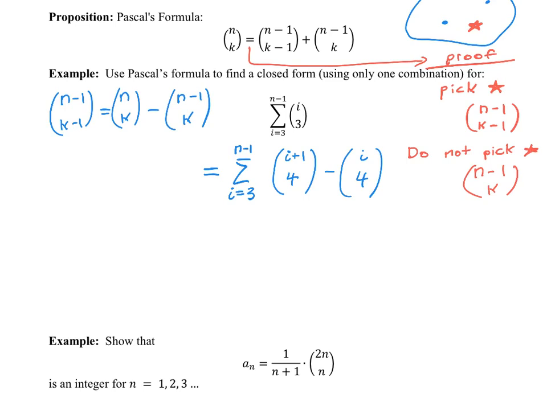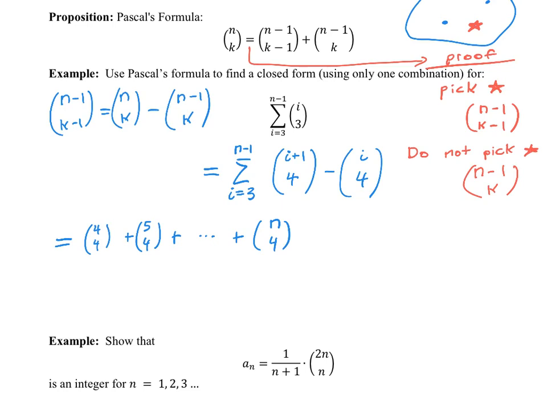Down on my page, I want to write out all of the positive combinations first. If I plug in 3, I would get 4 choose 4. If I plug in 4, I would get 5 choose 4, and on and on. Finally, I would plug in n minus 1, and I would get n choose 4.